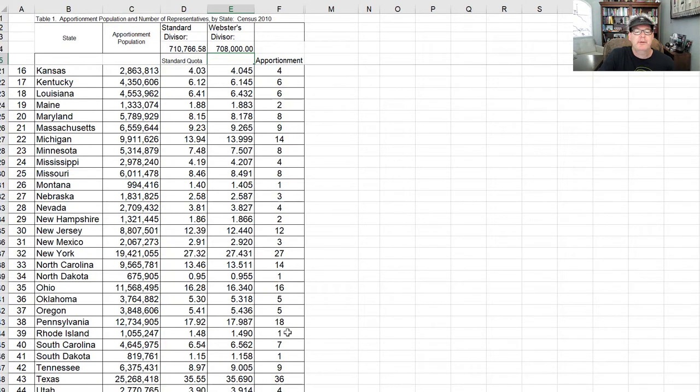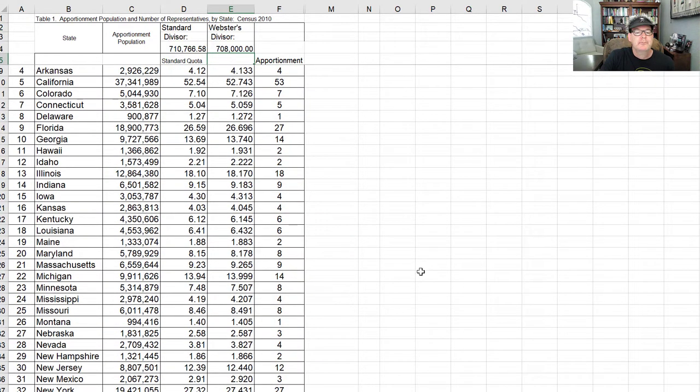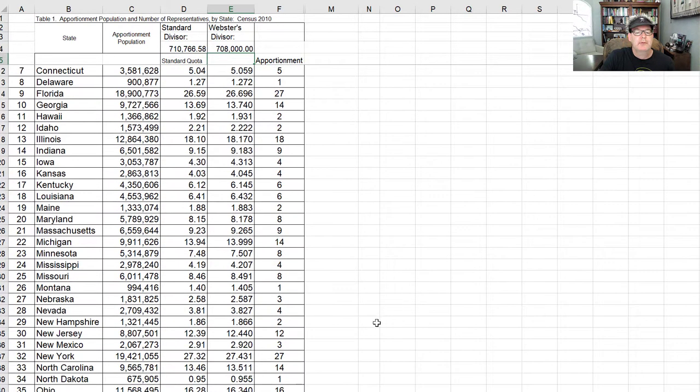Rhode Island did not get the seat. Instead, it was, I forget, let me check here, North Carolina. So North Carolina, right there. So North Carolina moved up.